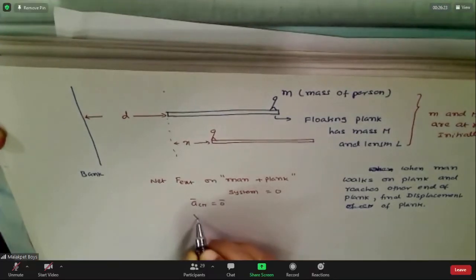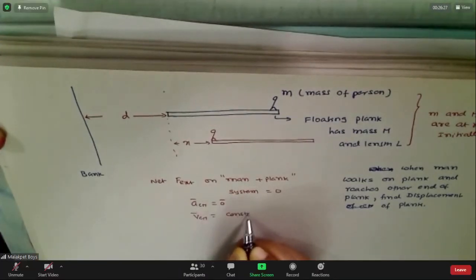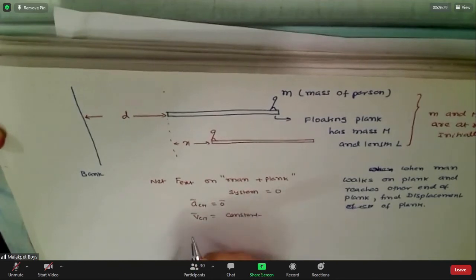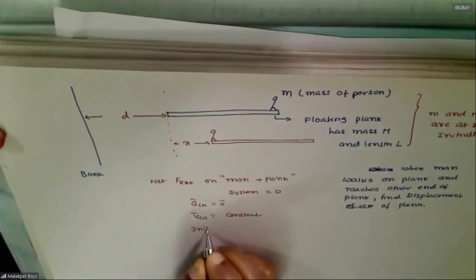ACM is 0, which means VCM should remain constant.